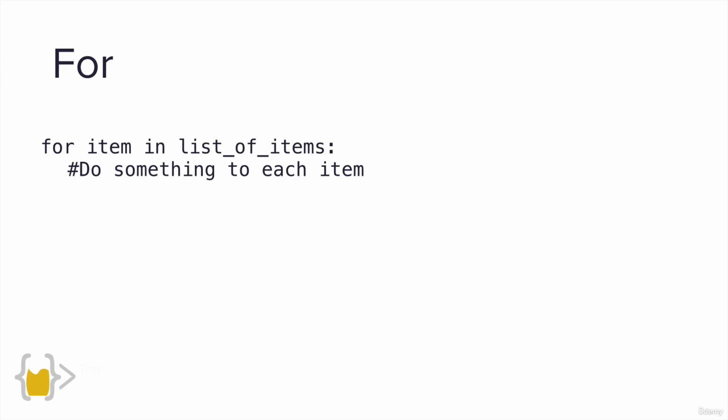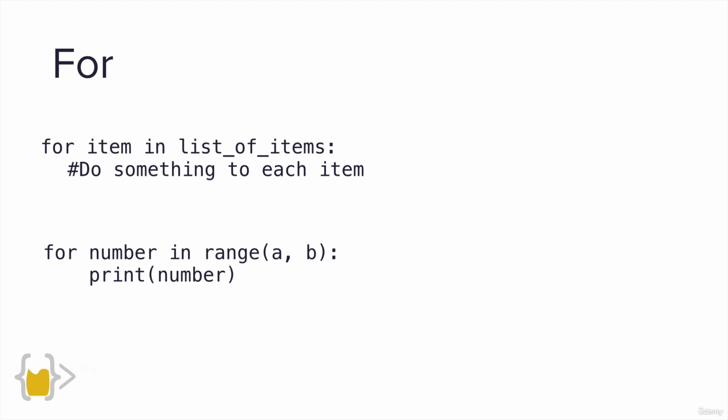Let's compare this against the for loop that we've seen before. So we've seen sort of 2 flavors of the for loop. One where we're looping through a list of items to do something with each item in the list. And the other is using a range function where we create a range between A and B, and then we use every number in that range to do something.